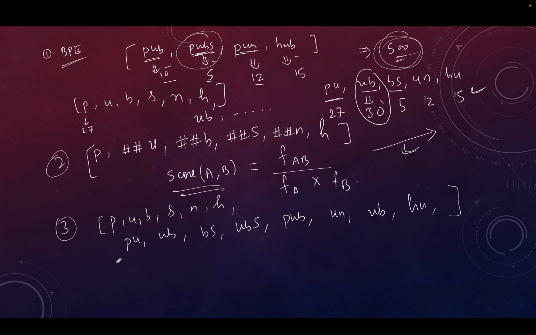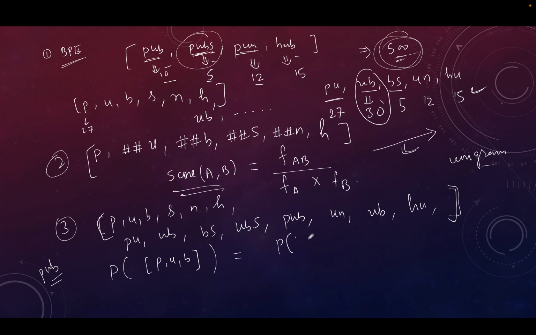break a word. Let's say we have P, U, B. So if we have a word, let's say PUB, how is it broken? How is it tokenized? So it will calculate the probability of, so it treats each of these tokens individually, as a unigram, like it's not dependent on the previous tokens.